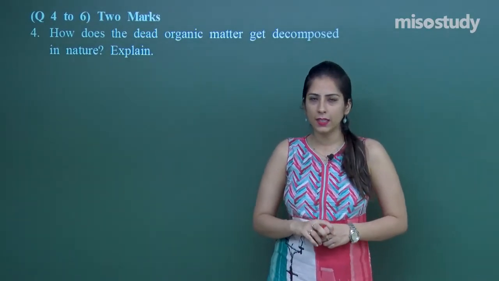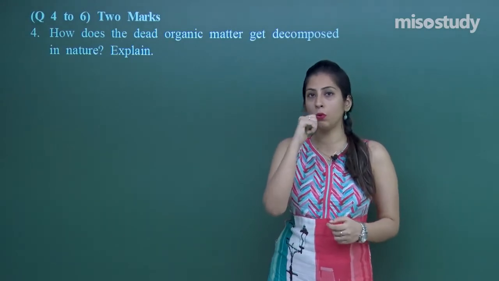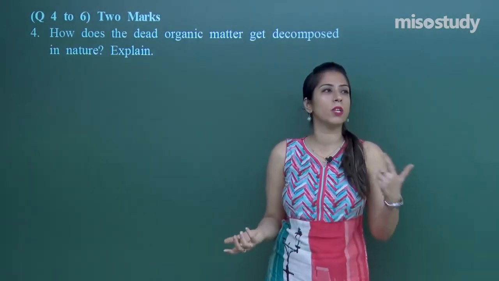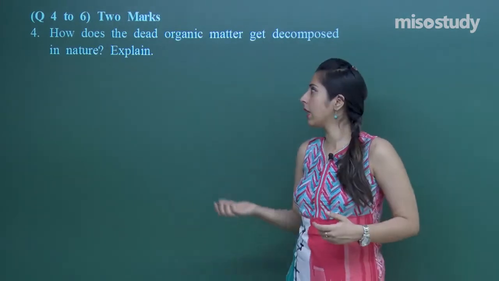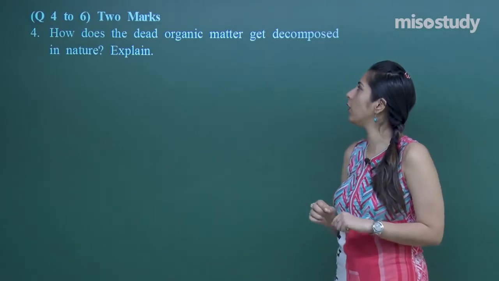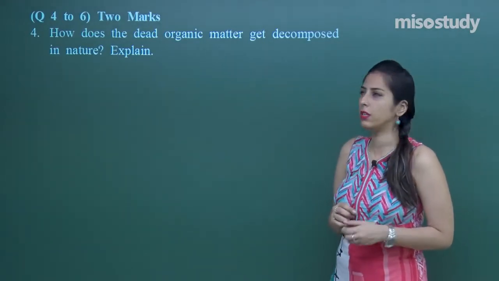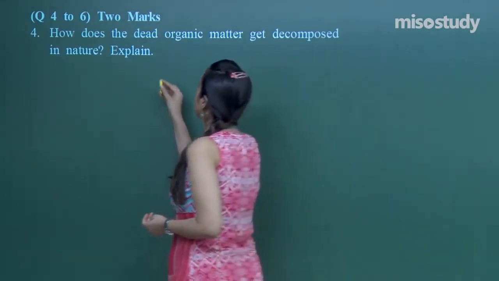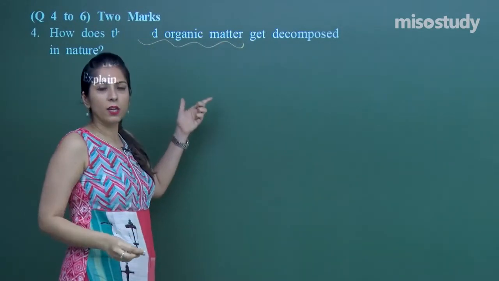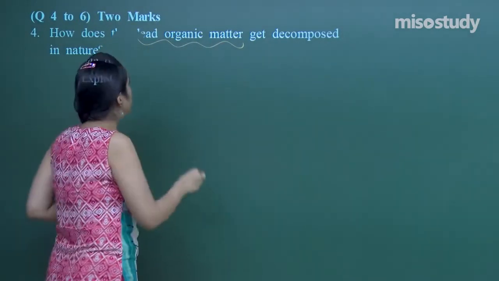But it is just to tell you how to attempt such type of question, what you have to write in 1 mark, what you have to write in 2 marks. As it is of 2 marks, the question states how does the dead organic matter get decomposed in nature. That means dead organic matter. That means they are talking about the detritus food chain.